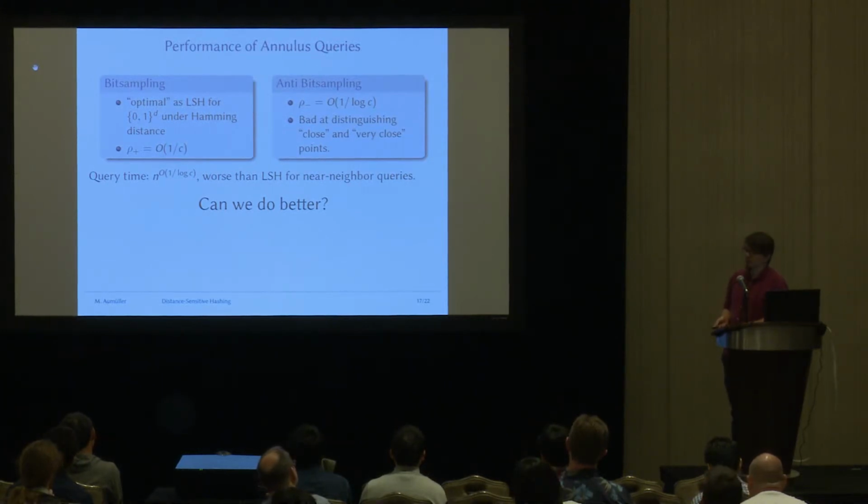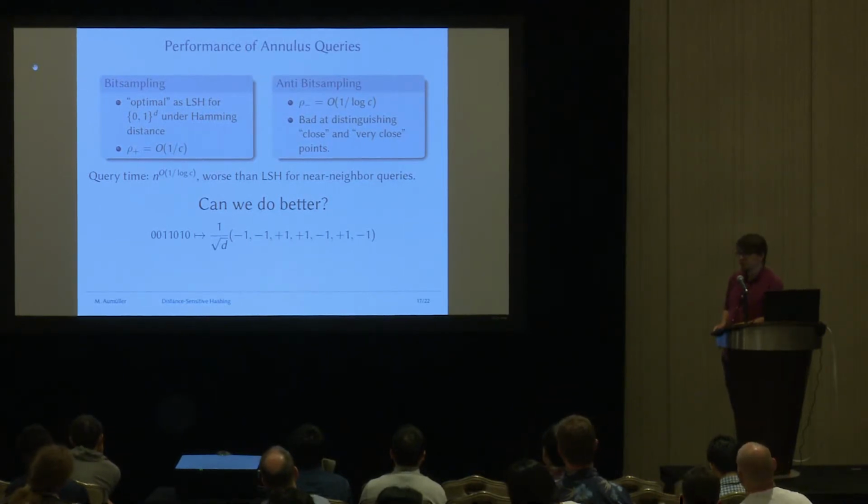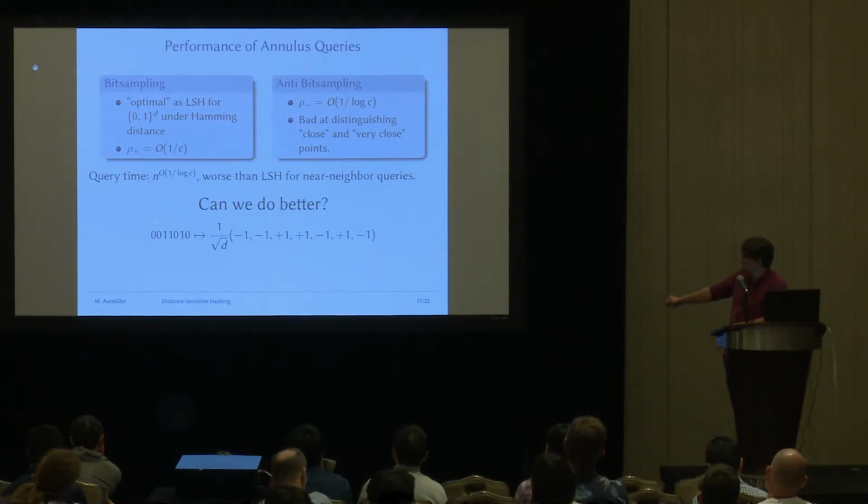And for that we had to leave Hamming space. We were pretty sure there is a nice solution for Hamming space as well, but we couldn't analyze that one. What we did is we take our bit strings and transform them to unit length vectors on the unit sphere. This transformation, which just replaces these zeros by minus ones and scales everything by 1 over square root of d, has the property that if the original distance was r over d, it's going to be 2 times square root r over d here.